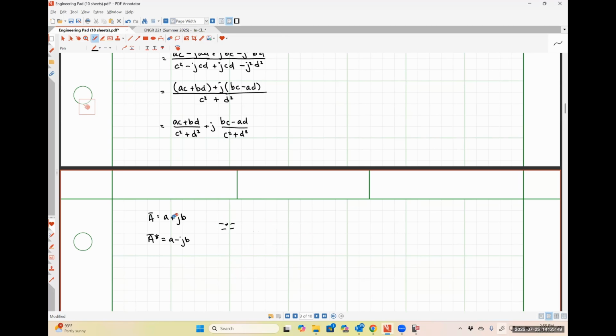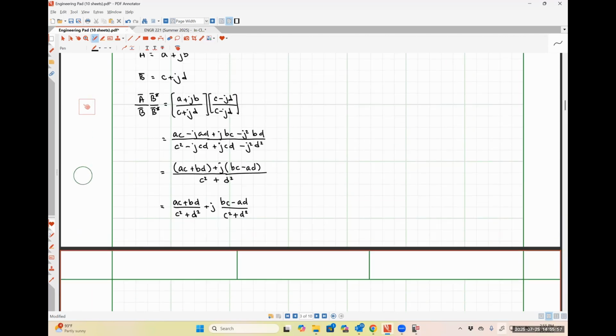All right. So now let's look at what happens if we use exponential form complex numbers.